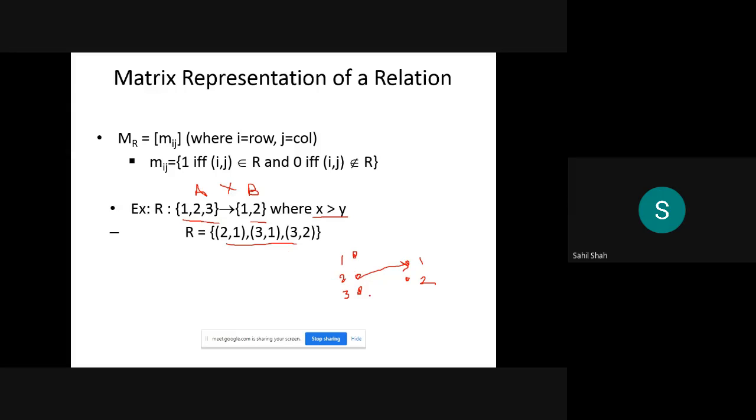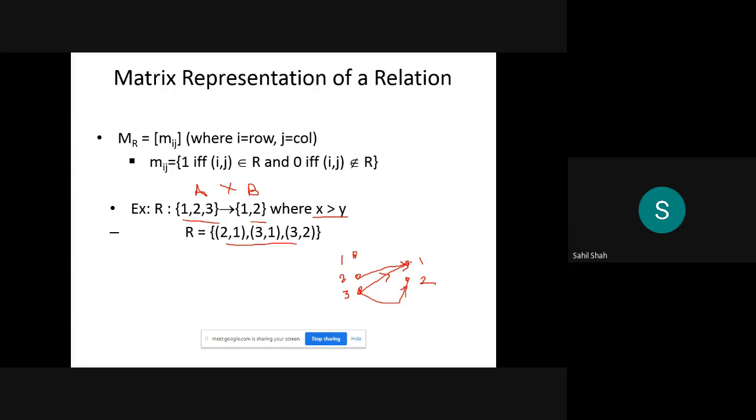In a similar manner, you could have (3, 1), with the direction going towards 1, and (3, 2), with the direction going towards 2. So this is known as a diagrammatical graph in short.